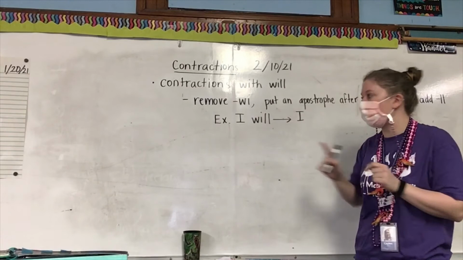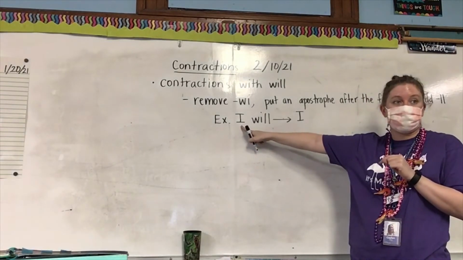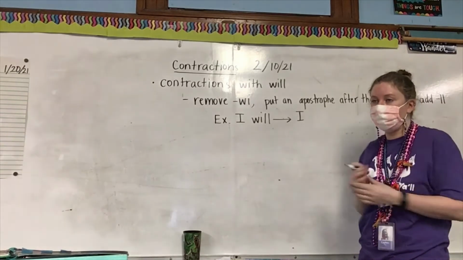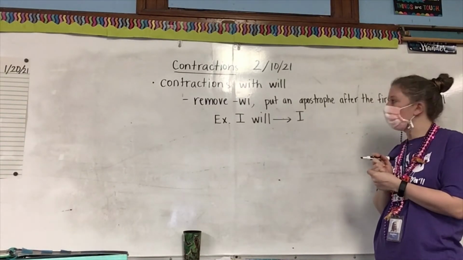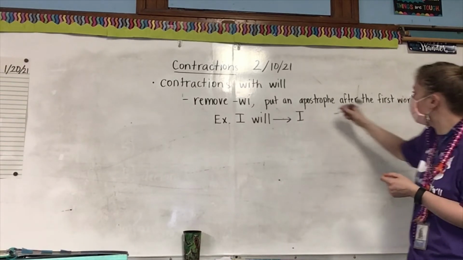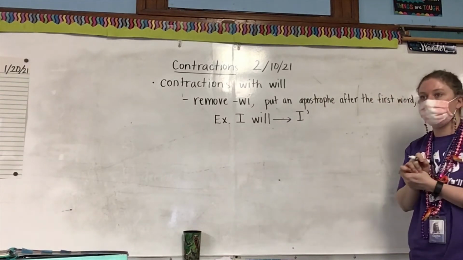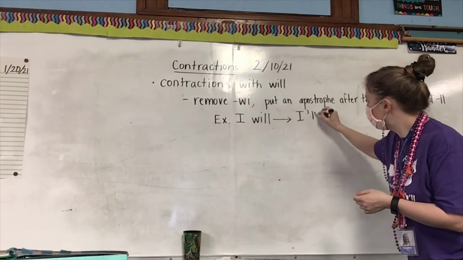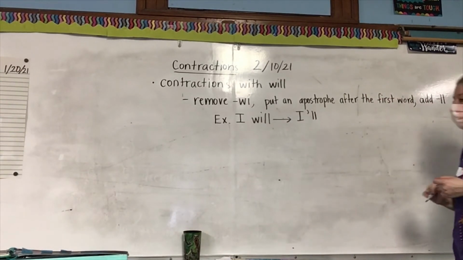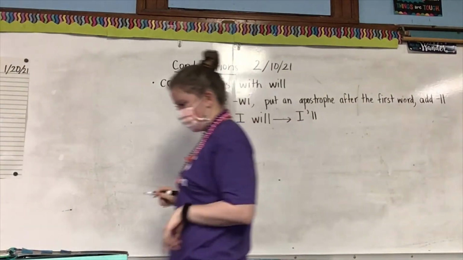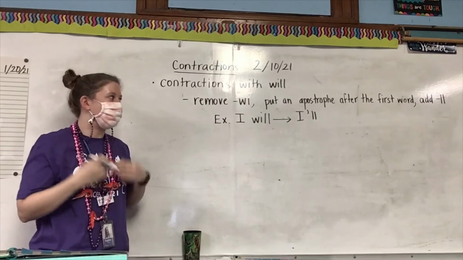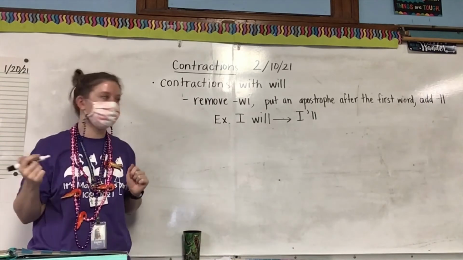Capital I, because whenever the contraction includes I, we always keep it capital. Okay, what next? Apostrophe. Put an apostrophe after the first word. LL. Add LL. So I will becomes I'll. Not aisle like the aisle of the church, but I'll like I will.